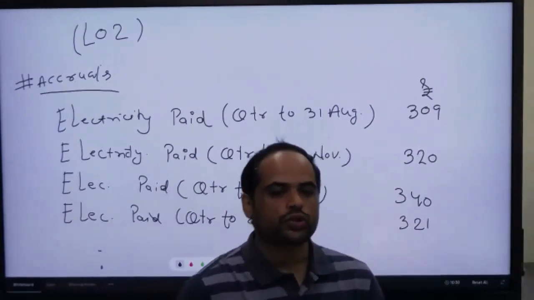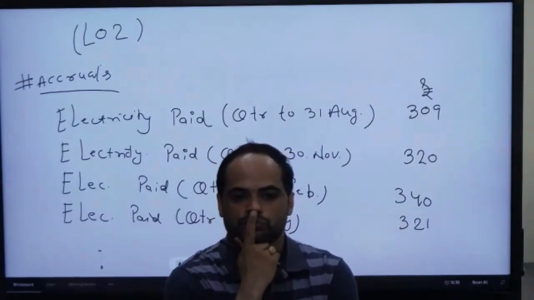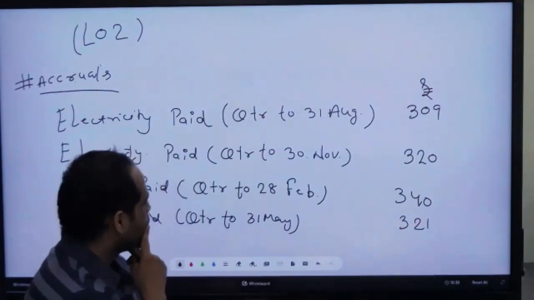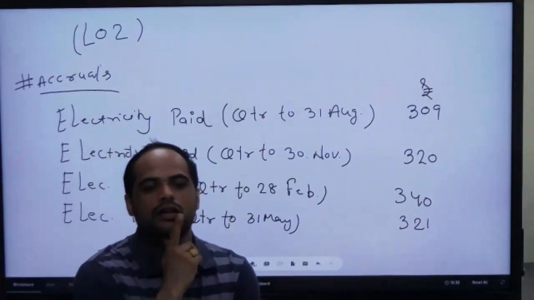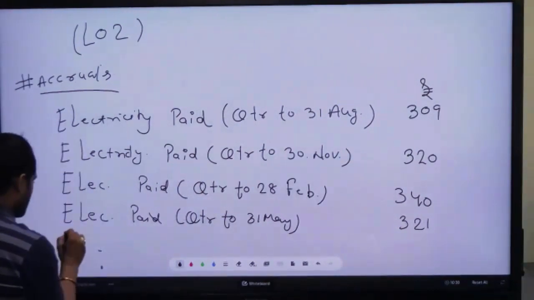And in addition to these amounts, which is 321, we are also adding a closing balance, right?